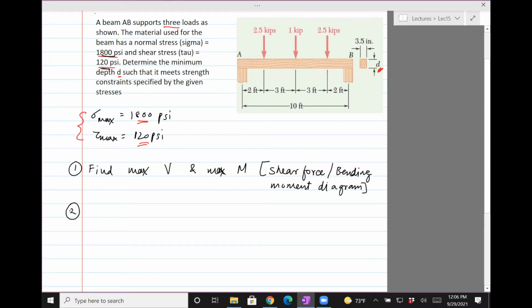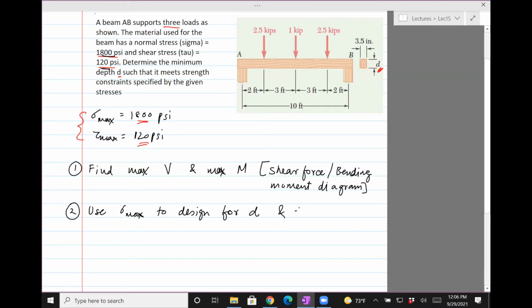The second step is to assume, so use sigma max to design for D. Okay, that's the criteria.